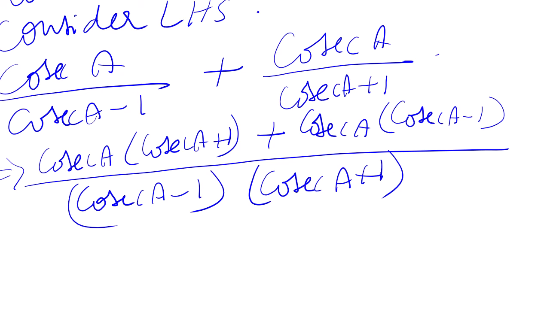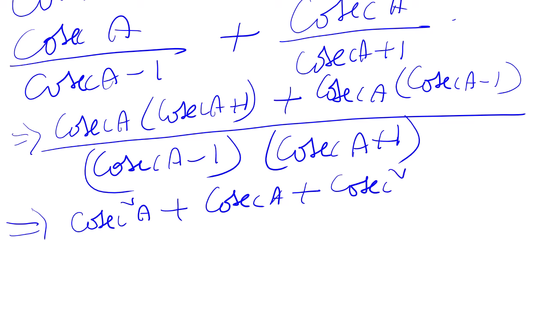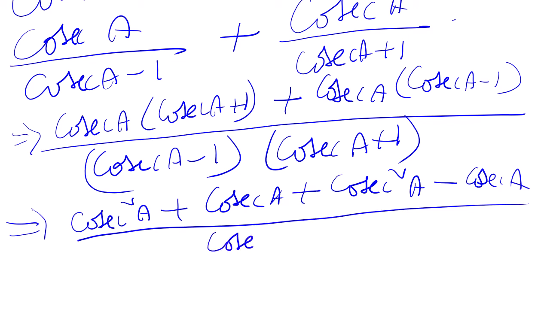Okay. So now when you remove the brackets, you get cosec square A plus cosec A plus cosec square A minus cosec A upon cosec square A minus 1.